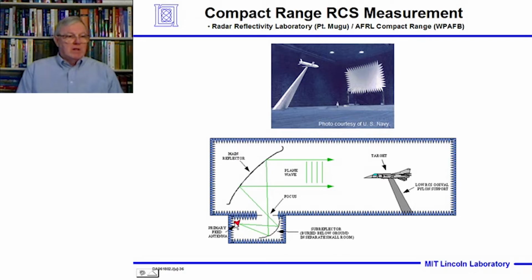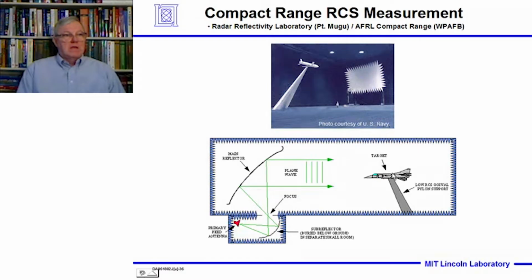We have a parabolic feed, and it sends energy to a subreflector, which at the Air Force compact range is below ground. And then the energy goes up to the main reflector, and the shaping of the main reflector is such that the electromagnetic energy that's sent out is a plane wave. The shaping of the reflector sets it so it's a plane wave going out, hitting the target.